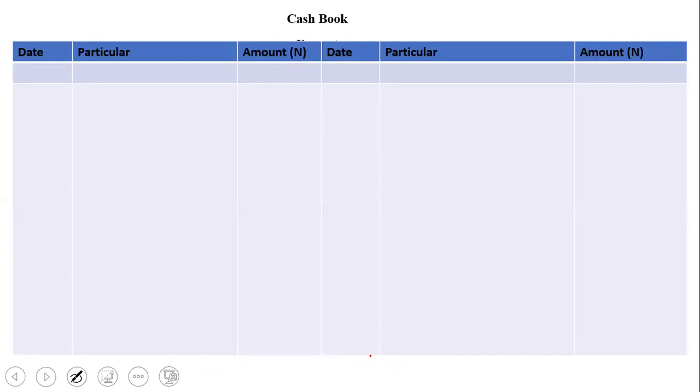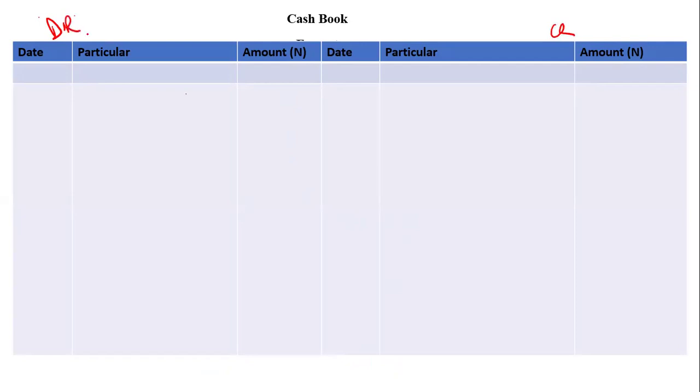When you look at this format, you see that it gives a better explanation about the cash book. Note again that nobody is going to write single column, double column, three column, or petty cash, but the format will let you see. This is the debit side, and this is the credit side.